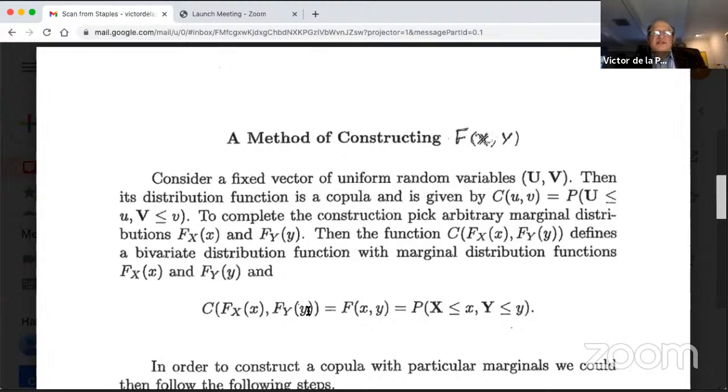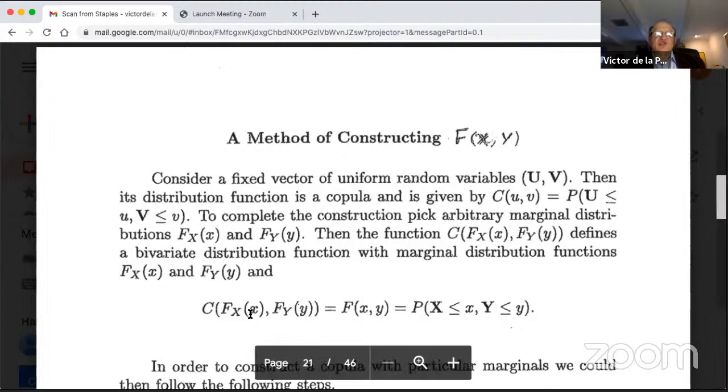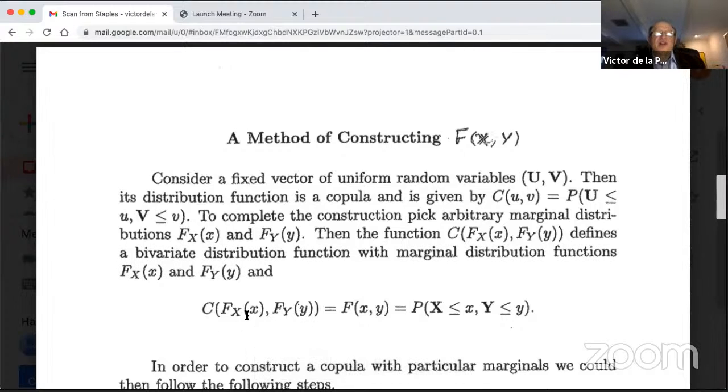This is the way to construct a joint distribution based on a copula. So you look at the copulas available in the library, find which copula is most appropriate, and then you can attach to it whichever marginals you might want.